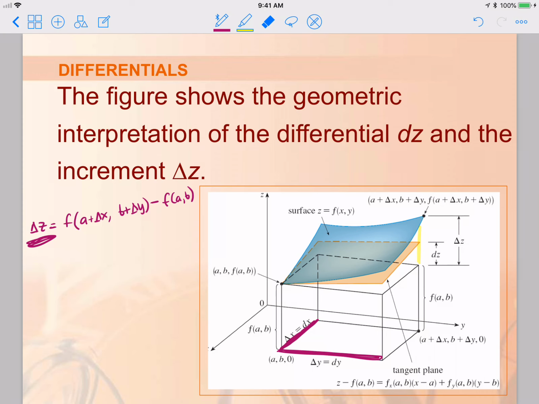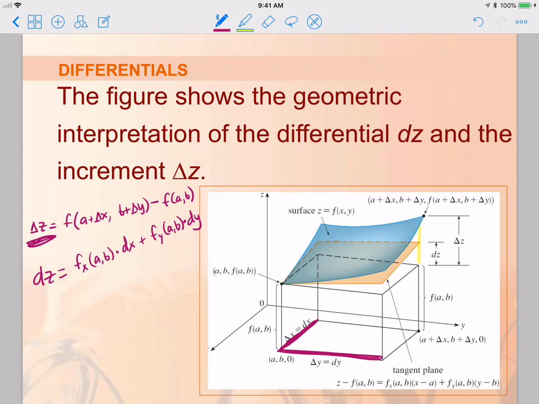And now let's compare that with the differential. So dz now is going to be your fx at the point ab times your dx, plus fy at the point ab times dy.